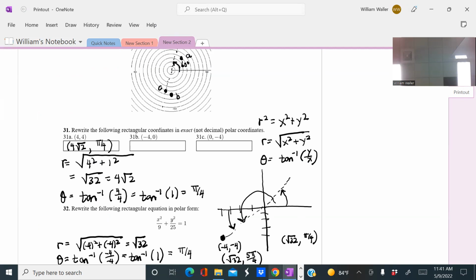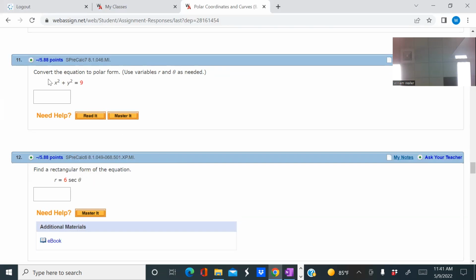But in this equation, that's exactly what you've got. So instead of writing x squared plus y squared, what can you put in there? r squared. And now you have r squared equals 9, which means r must be equal to what? If r squared is equal to 9, what's r equal to? 3. That's it. There's your formula.